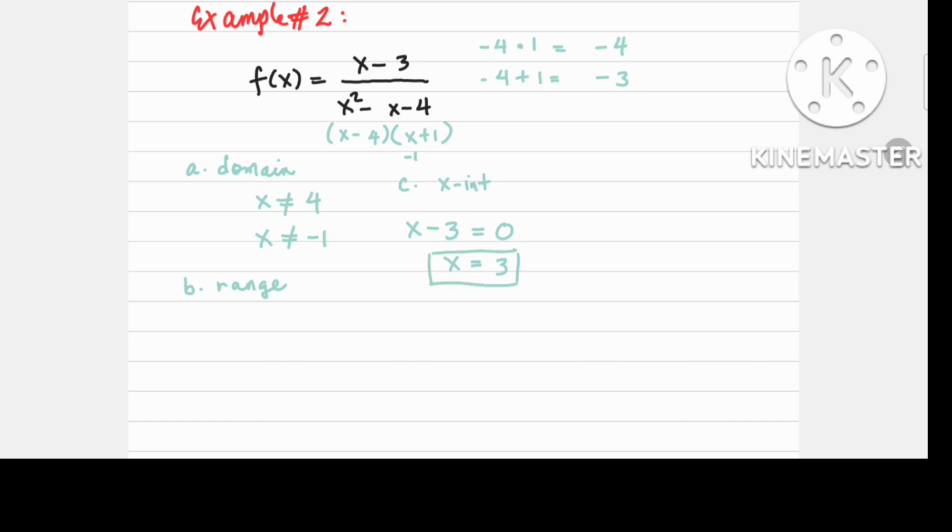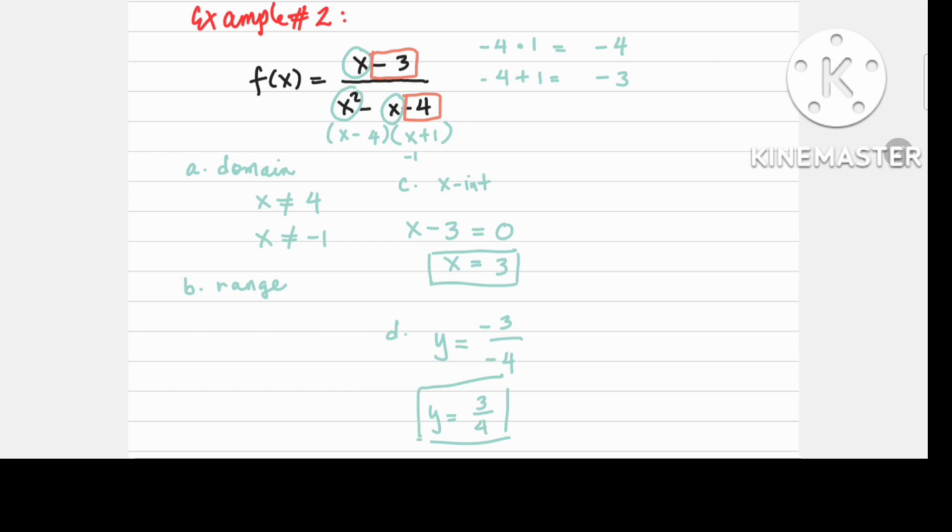So the x-intercept of this rational function is x equals 3. While its y-intercept, if we replace all the x's of these terms with 0, then they will disappear, leaving us with just the constants. So that means our y-intercept will be negative 3 over negative 4. Or that is y is equal to 3 over 4.